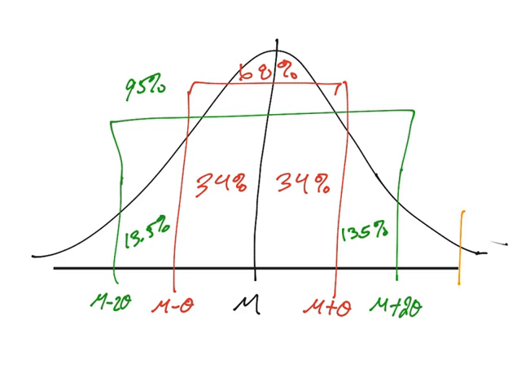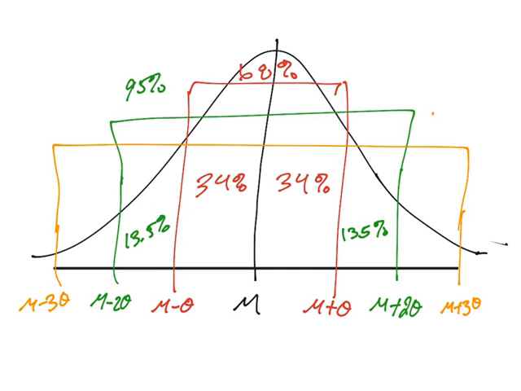Then we go one more step out, mean plus 3 standard deviations, mean minus 3 standard deviations, and this next one is 99.7%. We know that 95% is in the middle, so we have 2.35% here and 2.35% over here. Now you'll notice the whole thing is 100%.